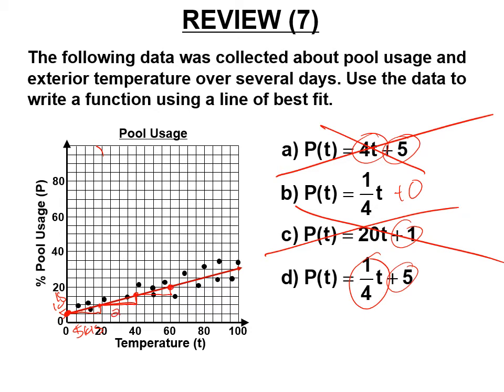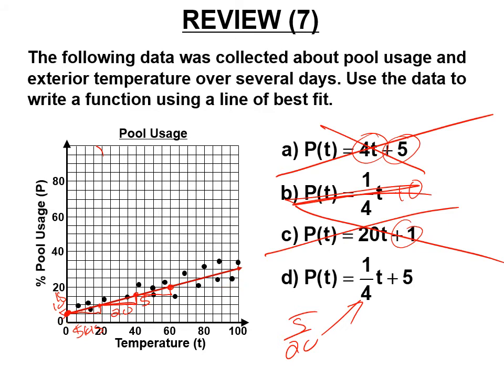Right, so it's over 20 up 5, but 5/20 simplifies to 1/4. Now the second most reasonable response was B, but think about this. If you start this at 0 and it's parallel to it because it has the same slope, it's too low if it starts at 0, 0. Every dot is above it. That's why it can't be B, right? If you do 1/4 and start at 0, 0, it's no good.